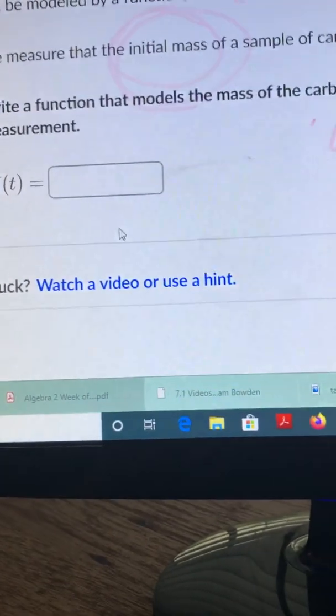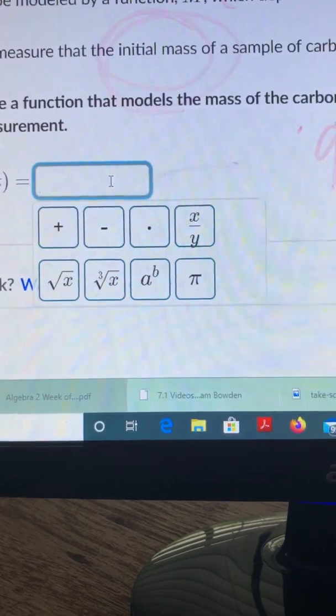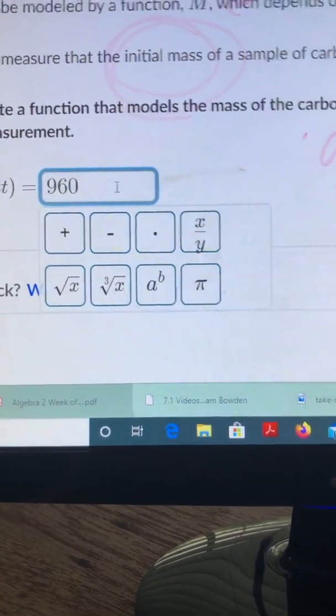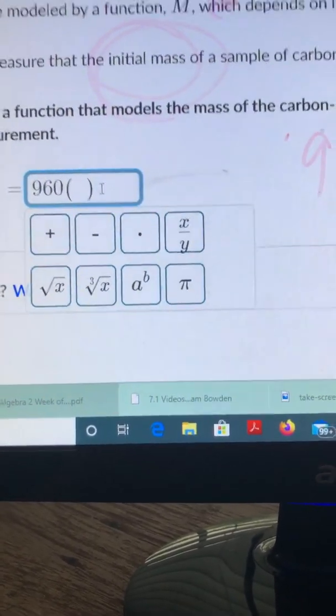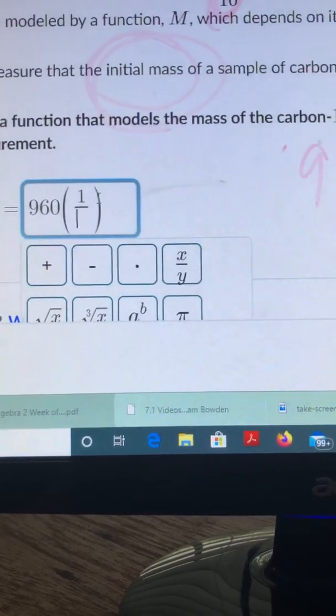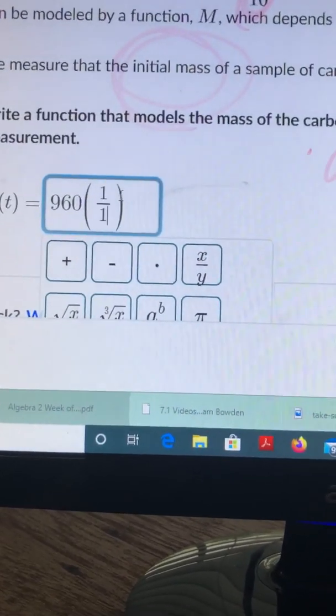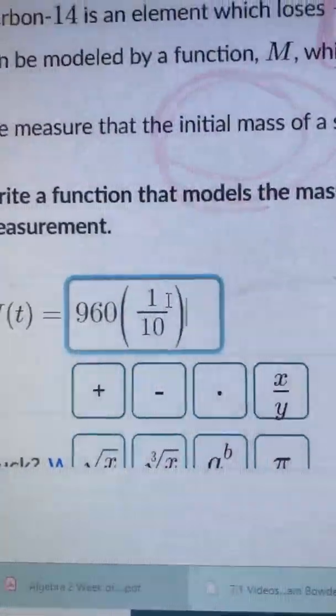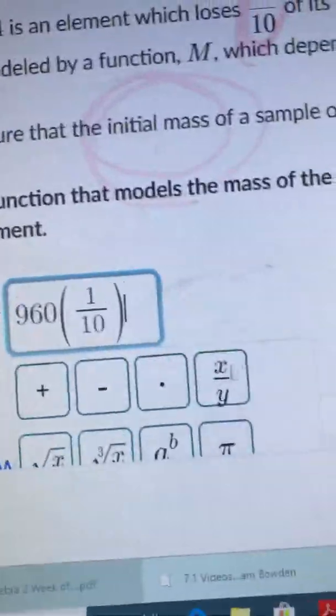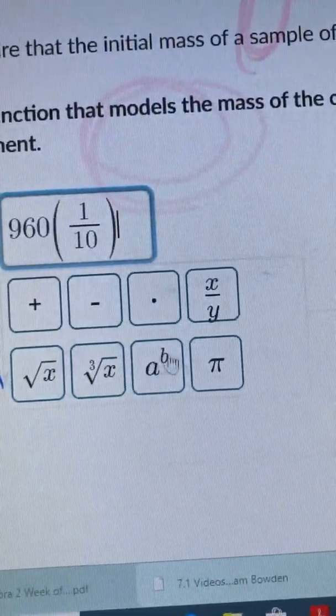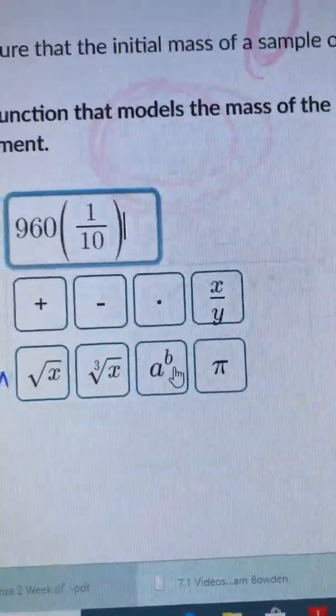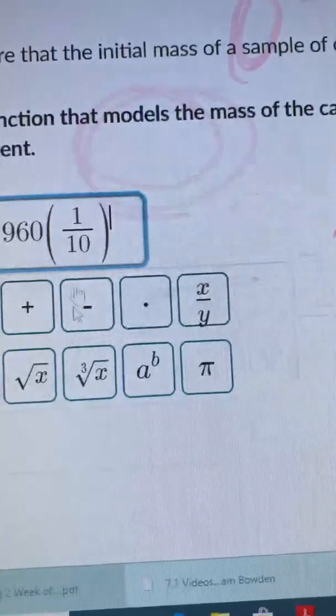So when I go to type it in, first I type 960. Then I'm going to throw some parentheses in there: 1 divided by 10. Then get out of the parentheses and press the A to the B button, the exponent thing, and that puts me up in the air.